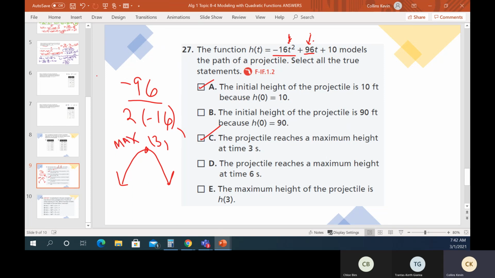So if we plug 3 back in for t up here, that will give us a value for the maximum height. They're not asking us to actually calculate it. We could, but we don't have to. But we know that the maximum height is going to be at the time t equals 3. So check.